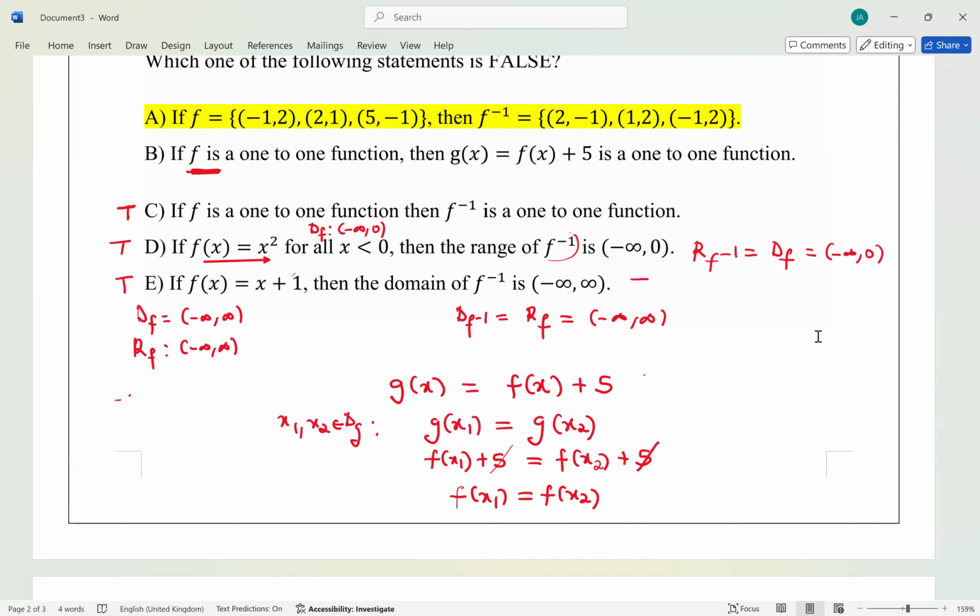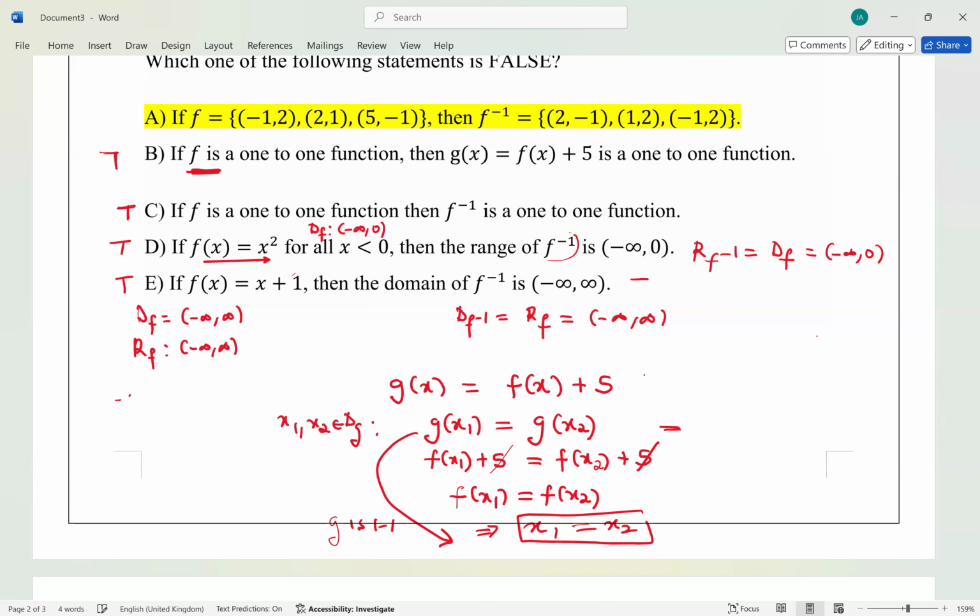So if f is one-to-one and you have f of x1 equal to f of x2, then this means that x1 has to be x2. Why? Because f is one-to-one. So look at how we started. We started by saying g of x1 is equal to g of x2 implies, and we end up having x1 is equal to x2. So this means that g itself is one-to-one. So this is also true.